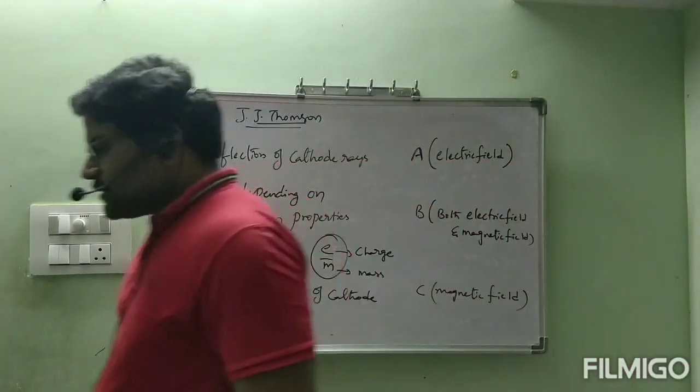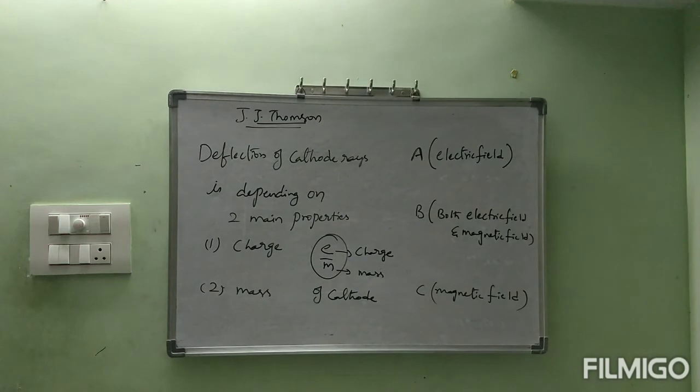The E by M ratio of cathode rays was calculated depending on the deflection of cathode rays, and he found the value.